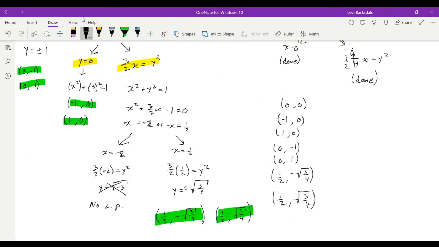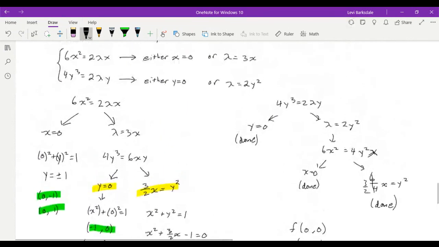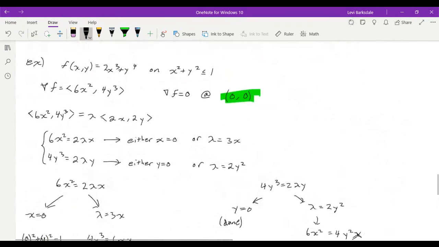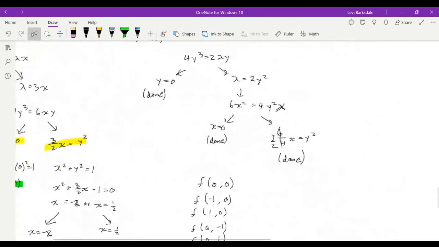And when we evaluate f at all of these points, remember our original function was 2x cubed plus y to the 4th.